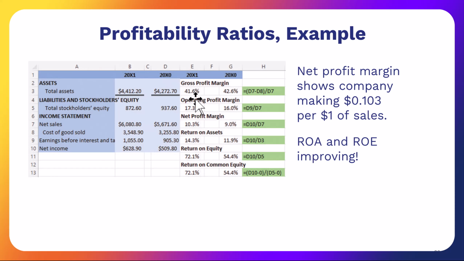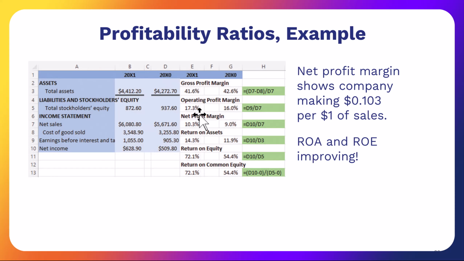We don't know why. We would want to explore that if we were in the company. Operating profit margin, though, has increased. So overall, our control of expenses of actually running the company has gotten better. Production's a little bit worse. Maybe we want to look at that if we're managing the company.